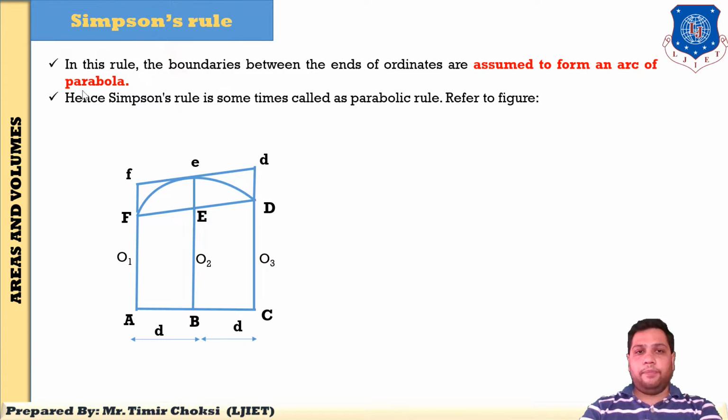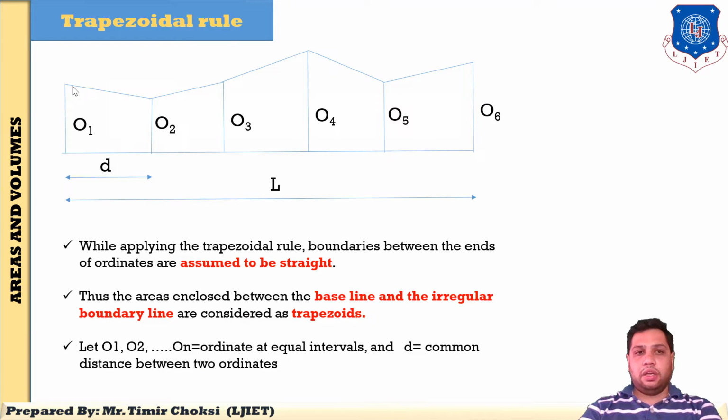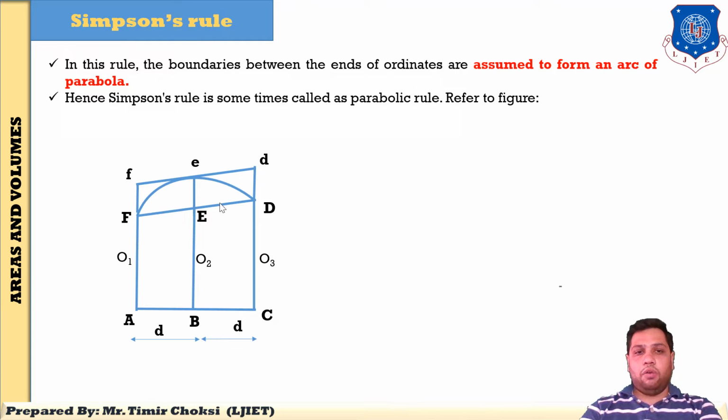This rule is different because in this rule the boundary between the ends of ordinates is assumed to form an arc of a parabola. Here you have clearly seen in this image O1 and O2 joined with a straight line, but here O1, O2 and O3 are joined in a parabola.